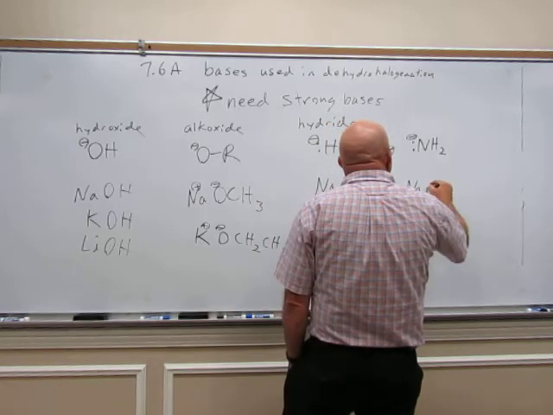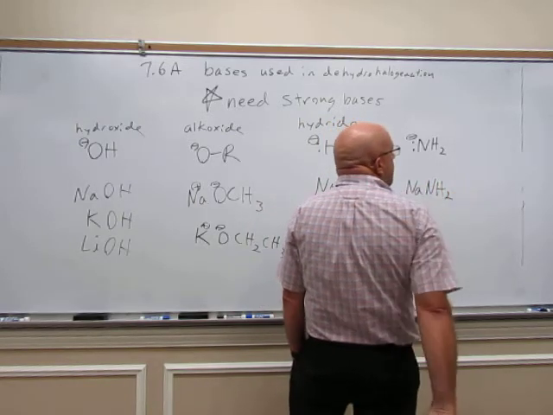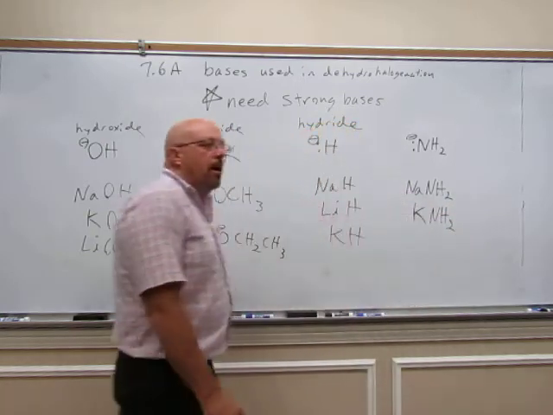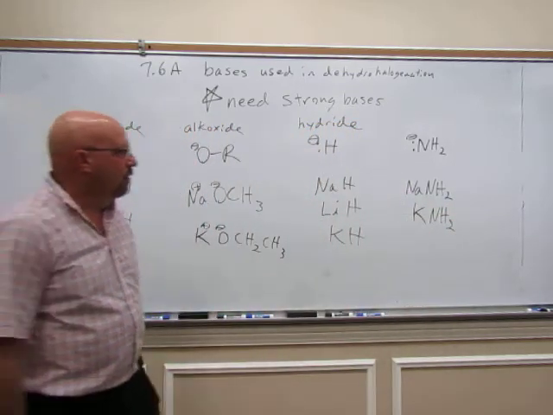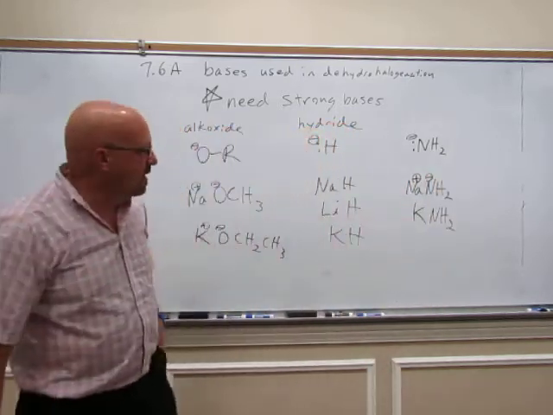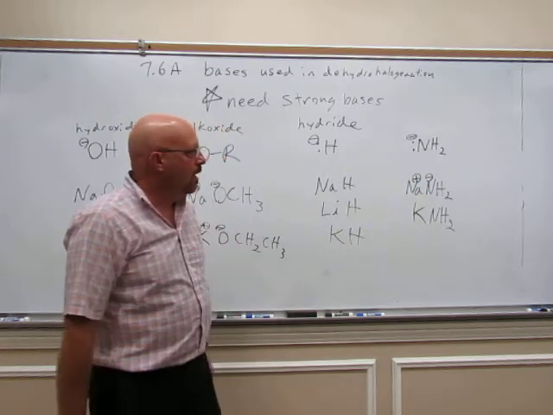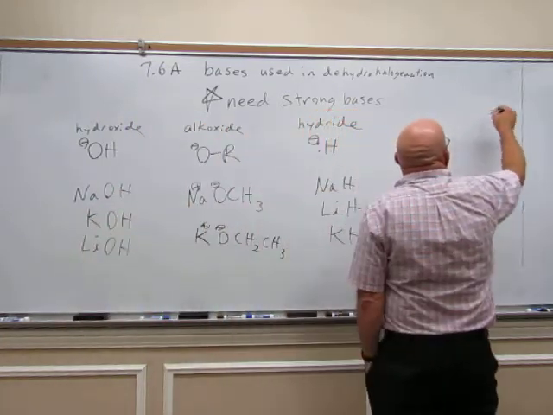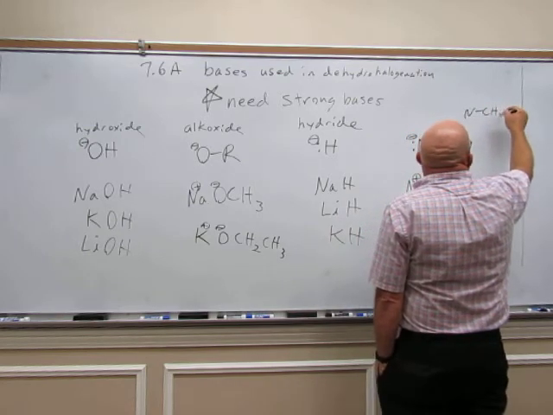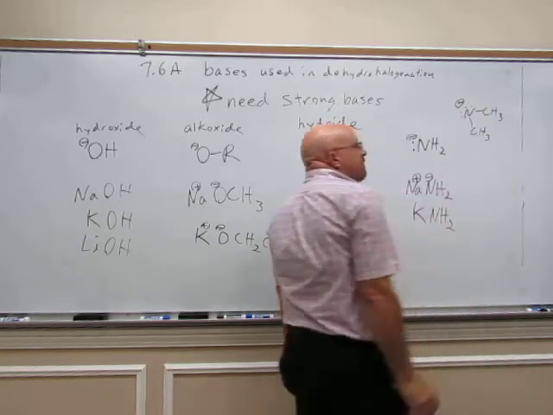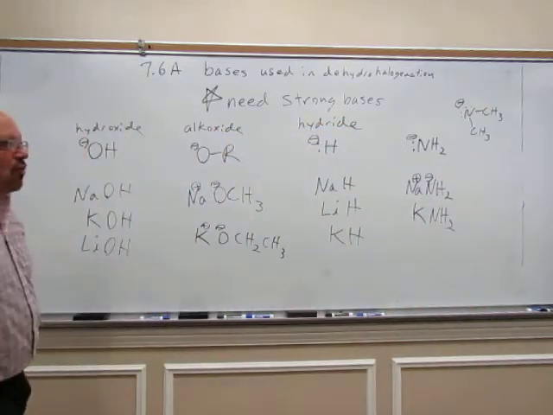This could be sodium amide, potassium amide, doesn't matter, lithium. There's a full plus charge on the sodium there, full negative charge on the nitrogen. That's a strong base. We don't have to have hydrogen on the nitrogen. We could have other things. So this could be, say, two methyl groups. As long as there's a full negative charge on the nitrogen, that is a strong base.